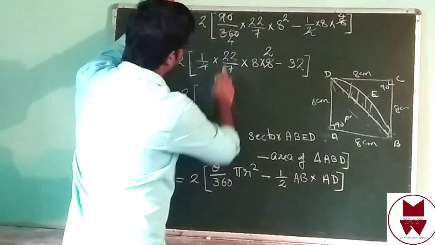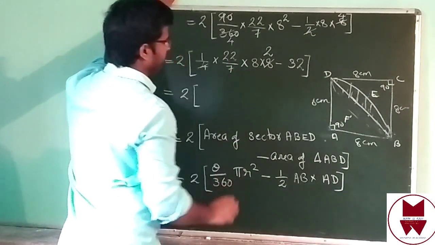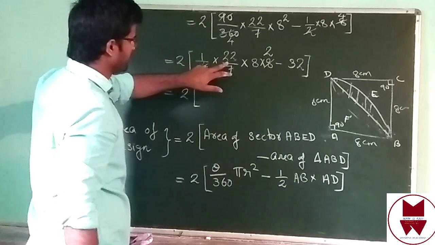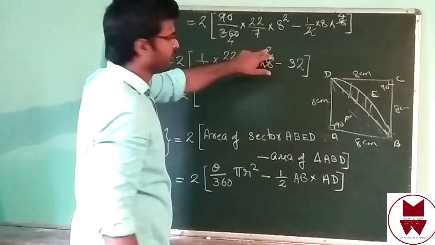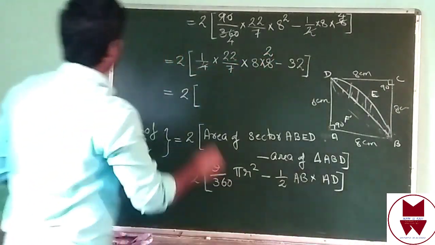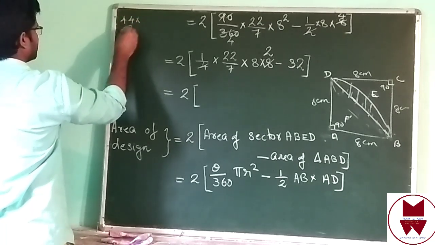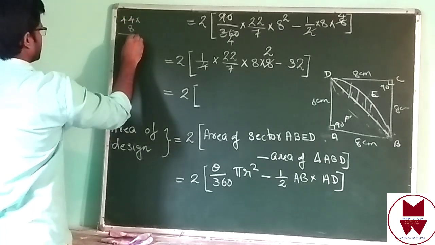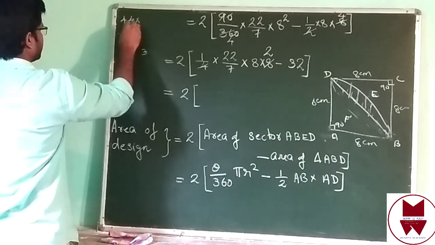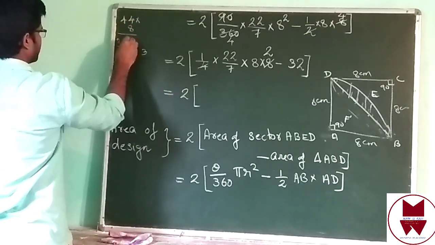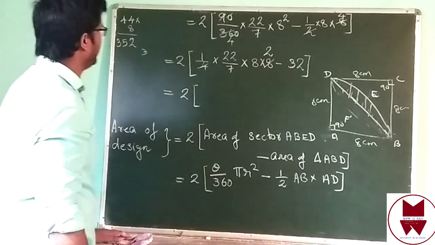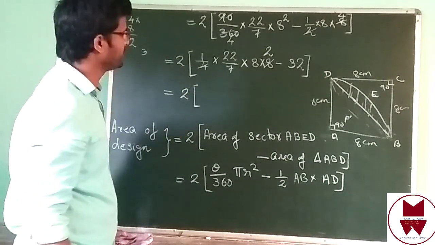Then multiply 22 into 8 into 2. First do it, 22 into 2, 44, into 8, 44 into 8, if you are doing you will get 352.